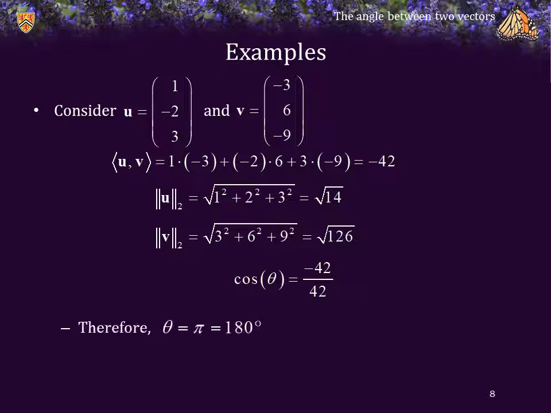Therefore, theta is equal to pi or 180 degrees. And therefore we deduce that these vectors are negative scalar multiples of each other. u is equal to negative 0.5 times v, and v is equal to negative 2 times u.